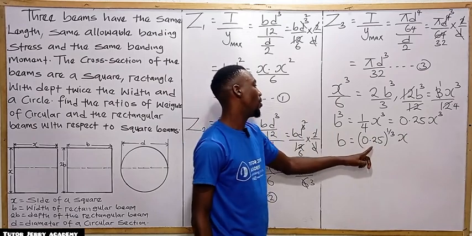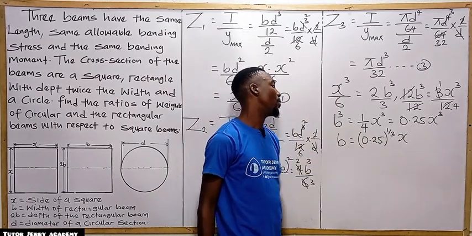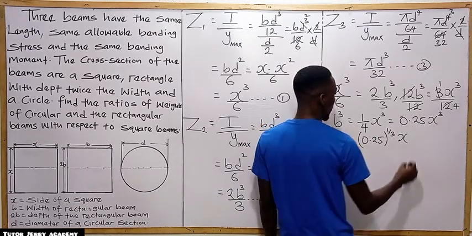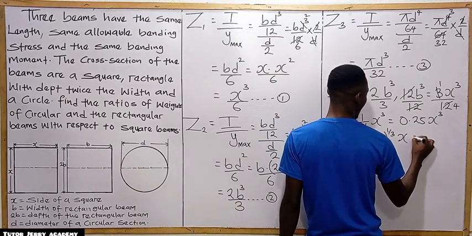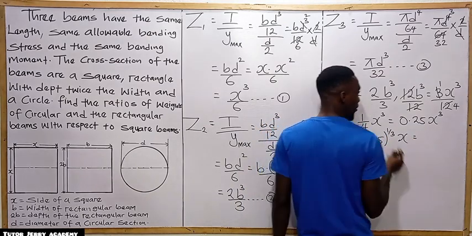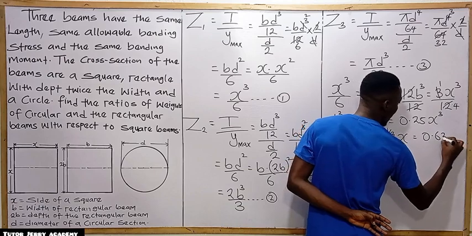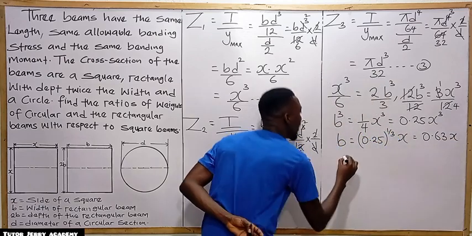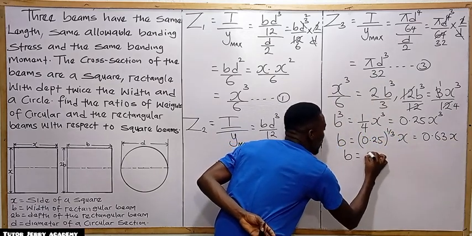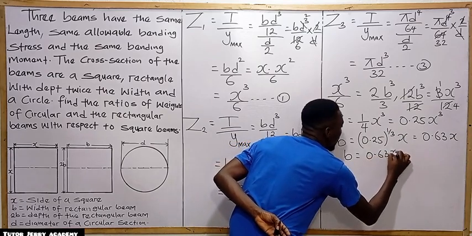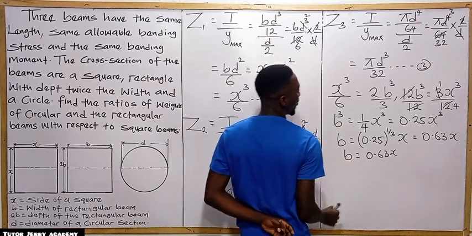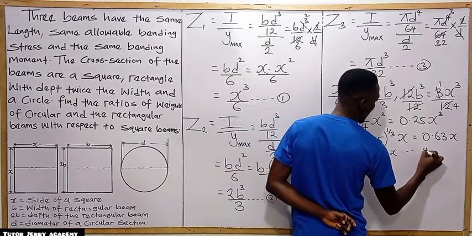If you take the cube root of 0.25, we are going to have 0.63 s. So our b is equal to 0.63 s. Let's call this equation number 4.